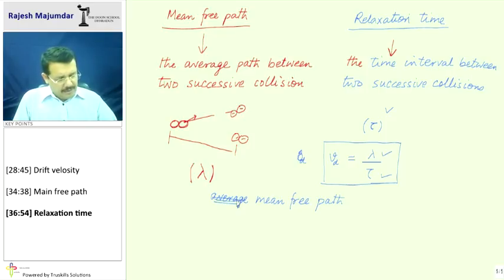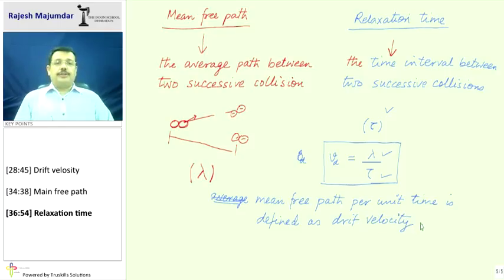Mean free path per unit time or relaxation time is defined as drift velocity. So this is the concept of drift velocity.